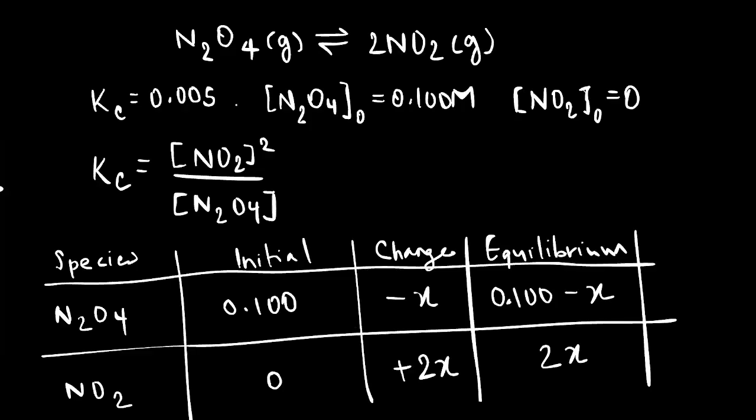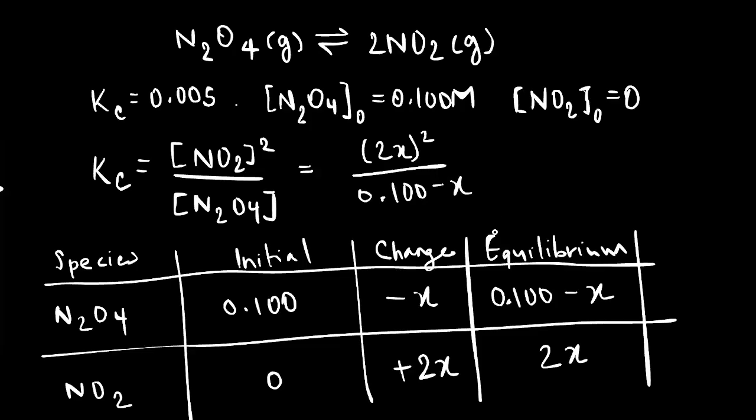And so once we have these expressions that represent the concentrations at equilibrium, we can then plug these in to our K expression here. So what that would be then is we would simply plug in 2x, right? 2x squared divided by 0.100 minus x.